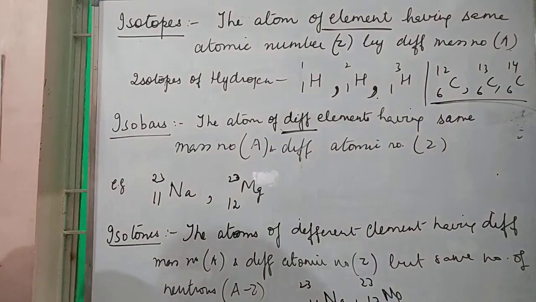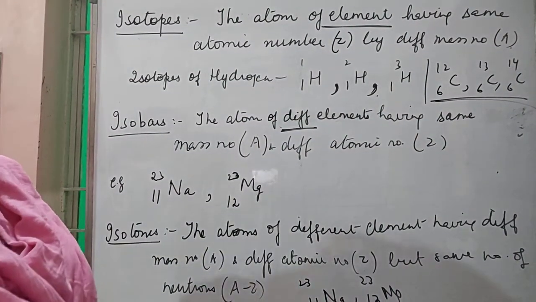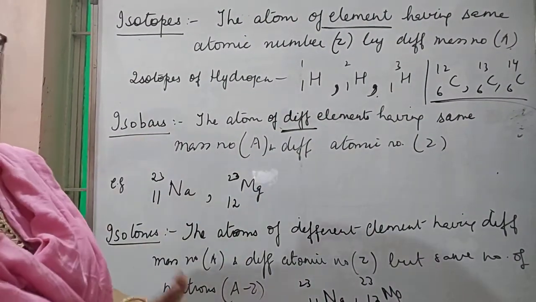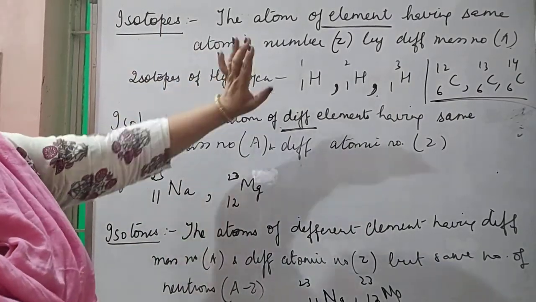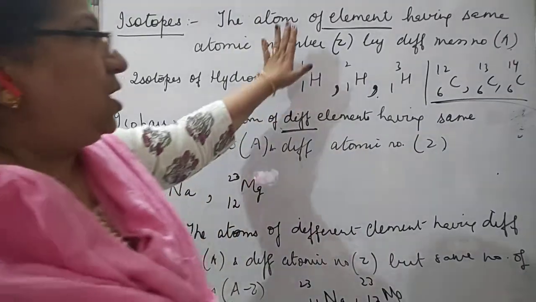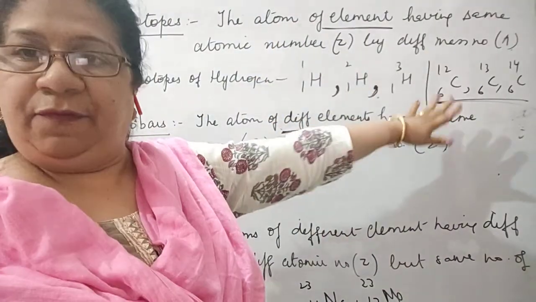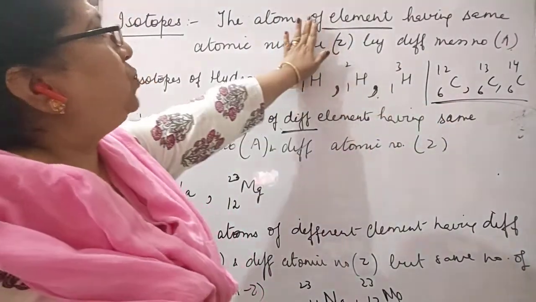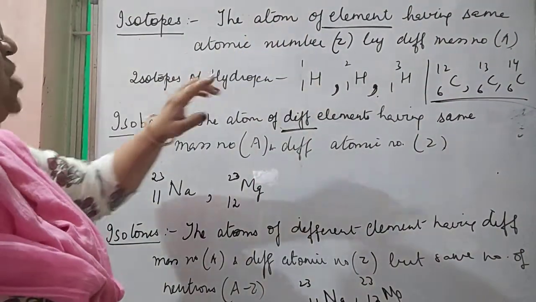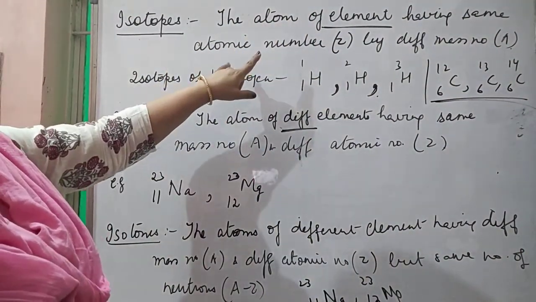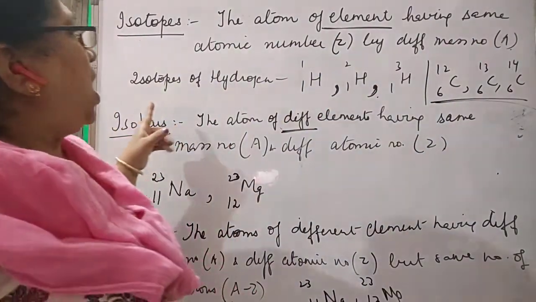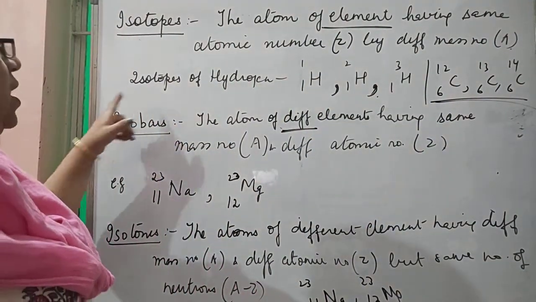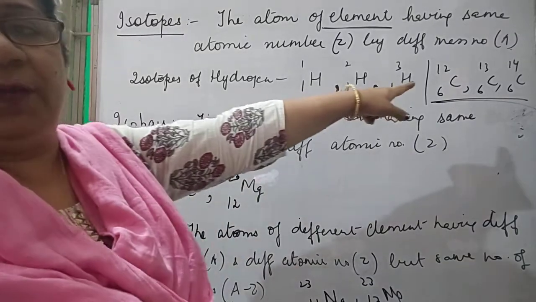We have different examples also. You can go through the book for that also. But two examples you should know, that the atoms are of the same element. You'll see the difference also. They are the same element for all hydrogens and for all carbons. So the atoms of elements which have the same atomic number but different mass number are known as your isotopes. Okay, so isotopes of hydrogen and isotopes of carbon.